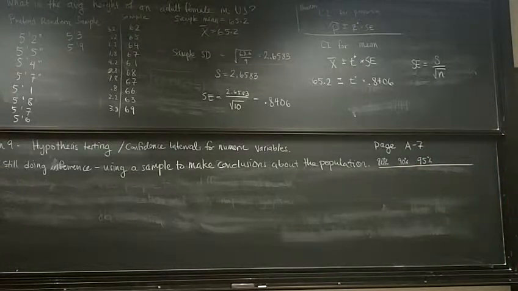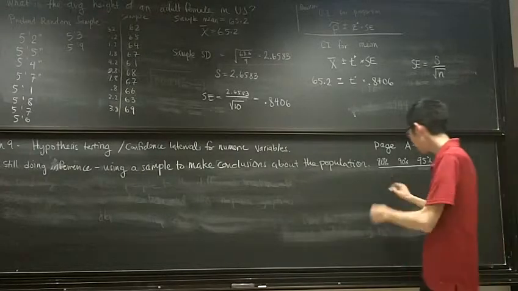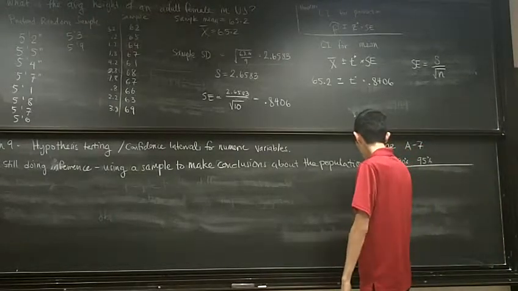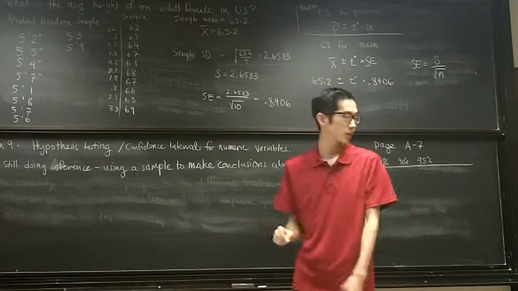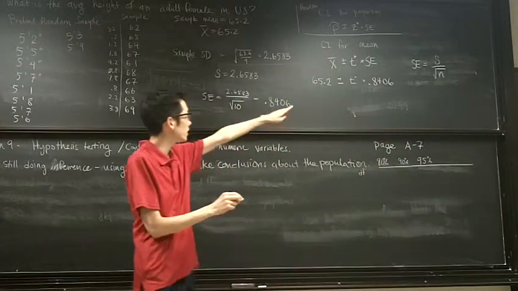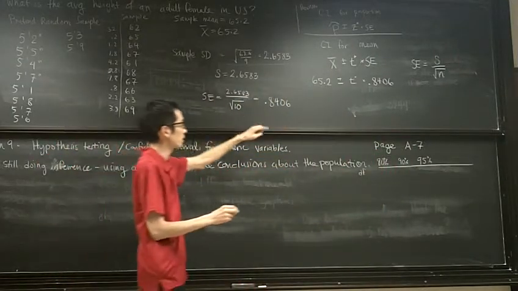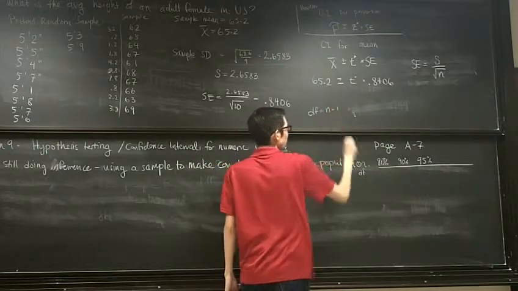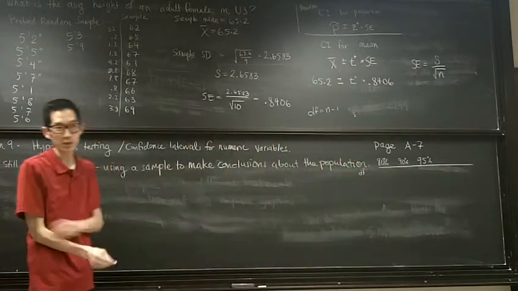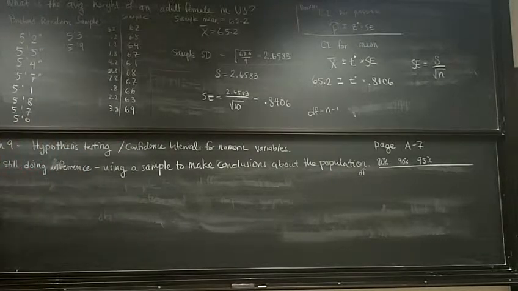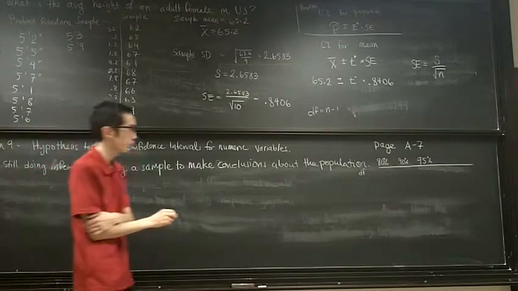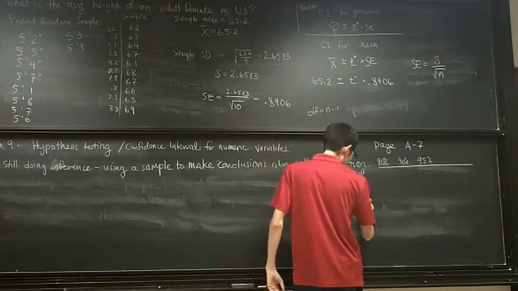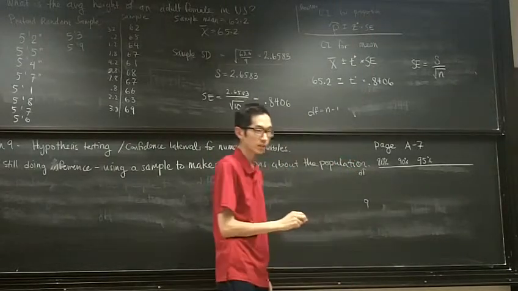What you want to find is you're going to have to pick something called degrees of freedom. In our case, degrees of freedom is equal to n minus 1. So how many degrees of freedom do I have? I have 9 degrees of freedom, so I'm going to the row that says 9.